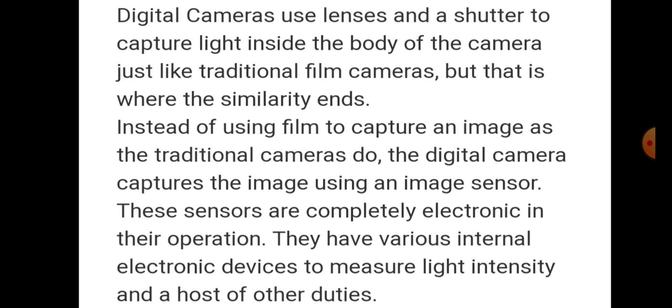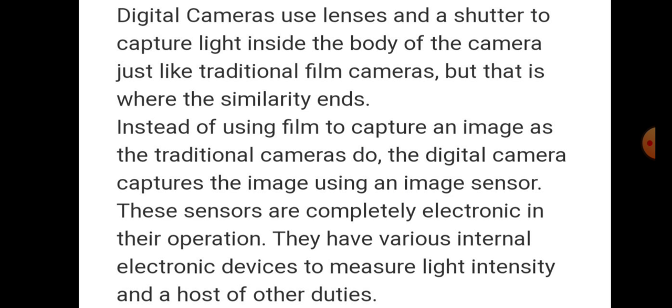Now students, let me talk about the difference between traditional and digital cameras. Digital cameras use lenses and shutter to capture light inside the body of the camera, just like traditional film cameras, but that is where the similarity ends. So let us see the difference between the digital camera and the traditional camera.